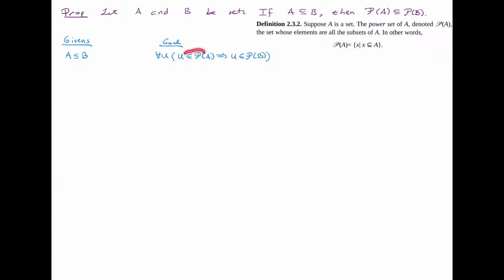We have an element of the power set, and so by definition, that is a subset of A. And so this is our givens, and this is the goal that we're looking for.